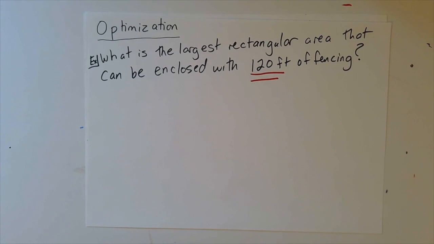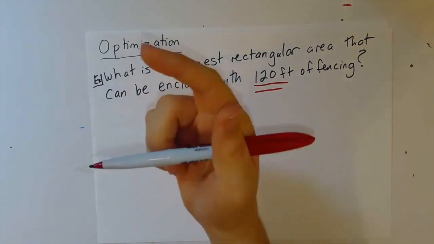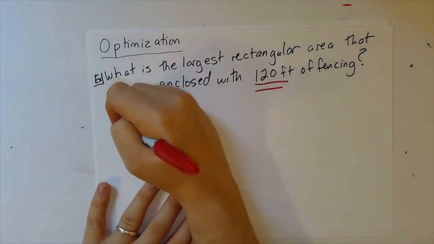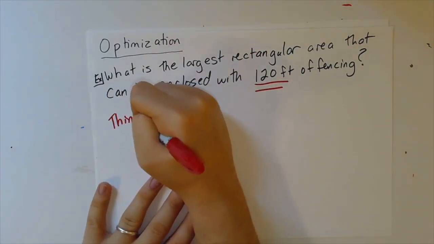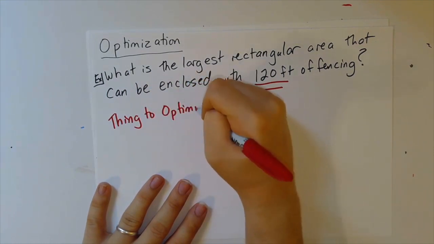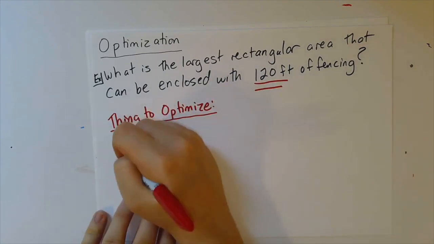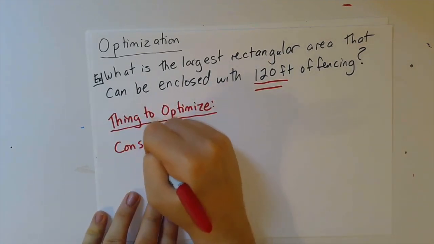So all of these problems are going to come down to finding 2 things and using them. We have a thing to optimize, and then we have a constraint.